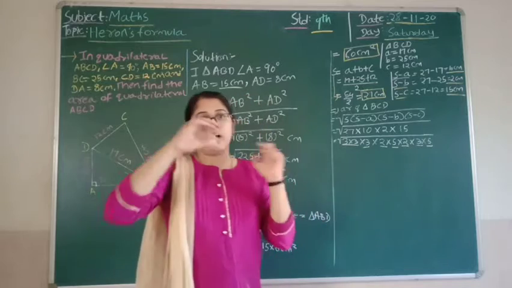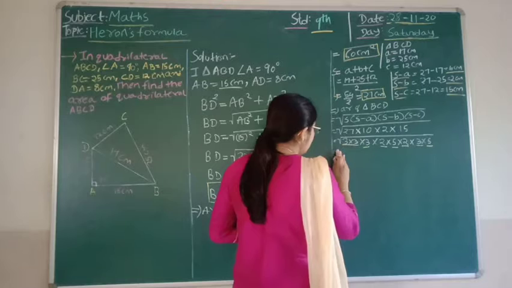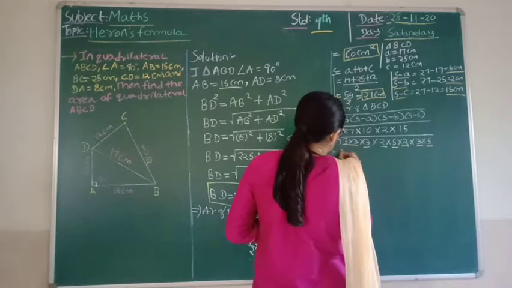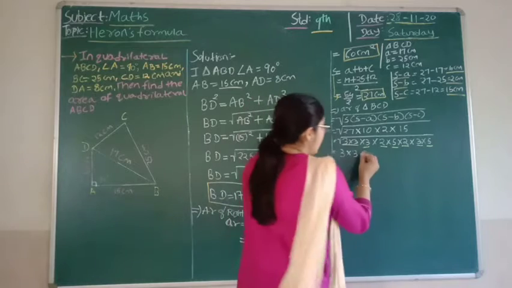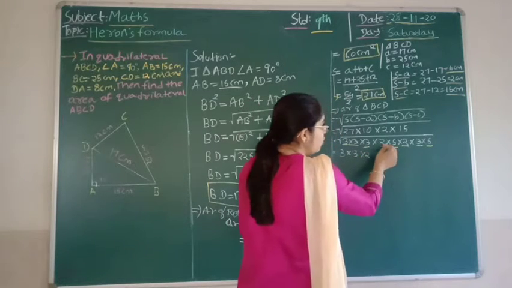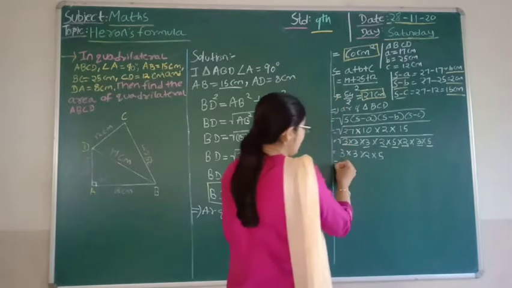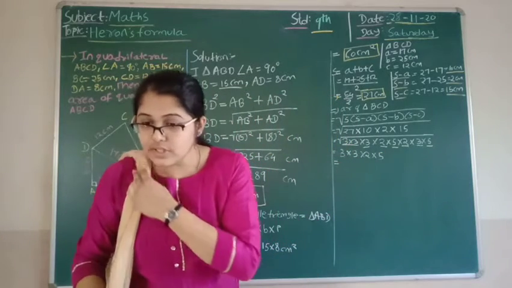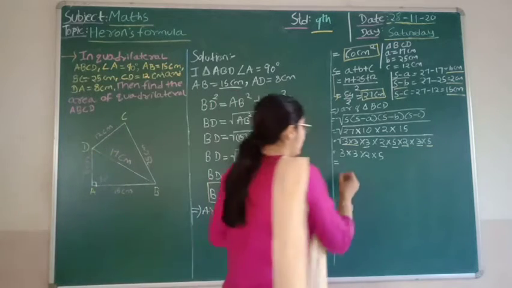Letting all the pairs out of the square root, that is 3 multiplied by 3 multiplied by 2 and multiplied by 5. The answer of this will be 90 centimeter square.